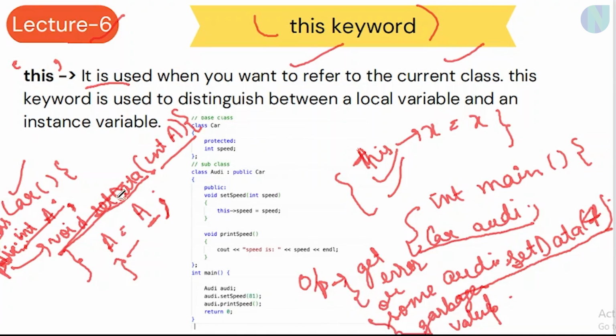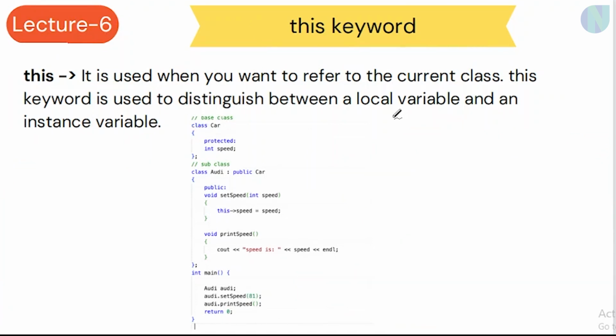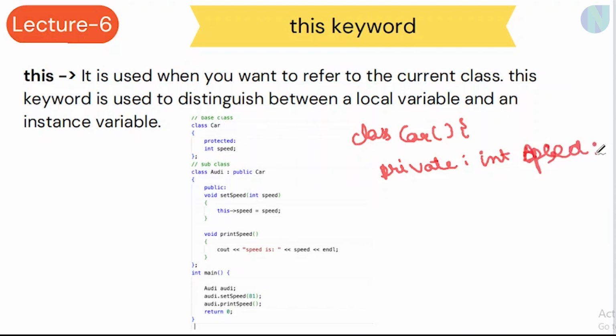Let's have a quick look at this. We have a car class, so let's write class car. Here we have a variable int a, or just to be more specific, we can call it speed.